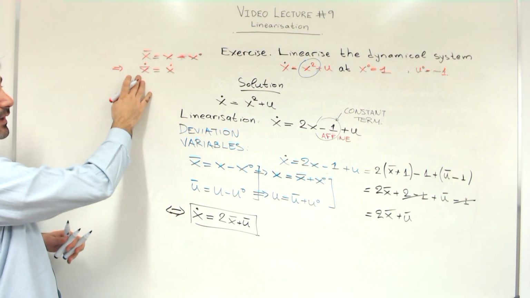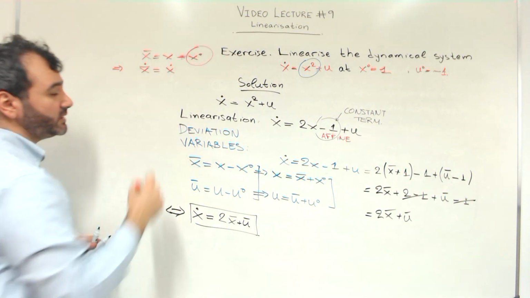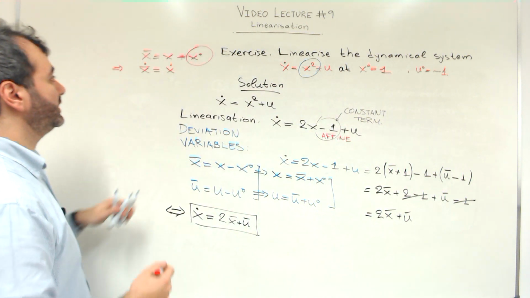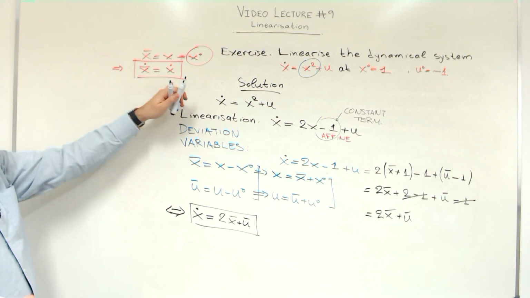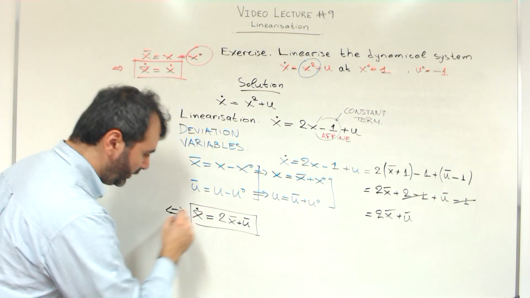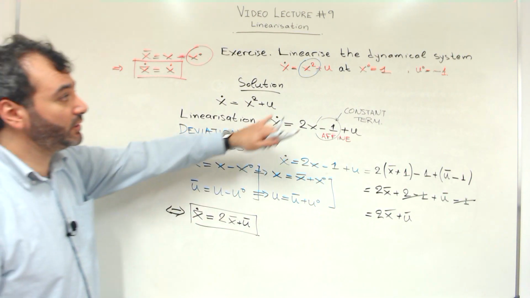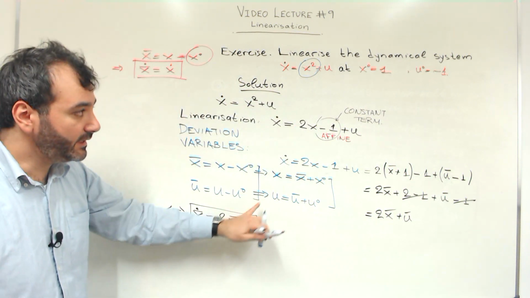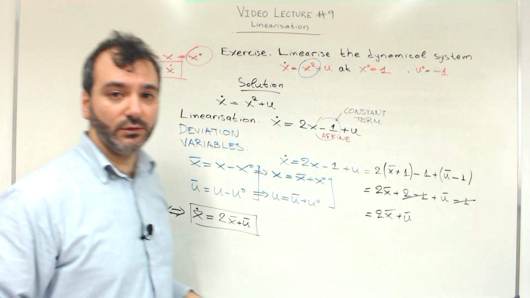The derivative of x bar is equal to the derivative of x, but this is a constant term. This is just 1, for example, in this exercise. So x bar dot is equal to x dot, and I can simply put a bar over here. And this is the linear equation, which is a linearization of this original differential equation at x0 is equal to 1 and u0 is equal to minus 1.